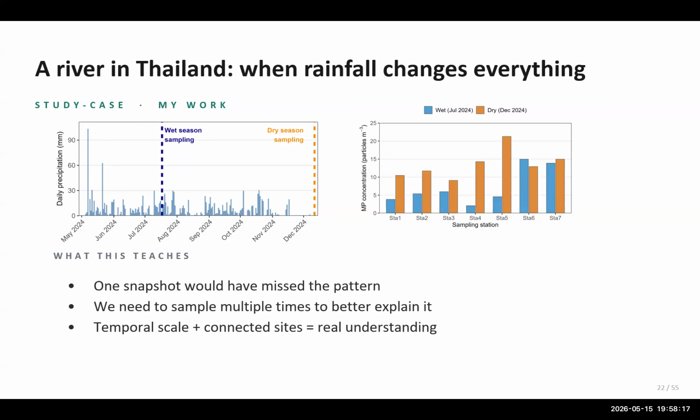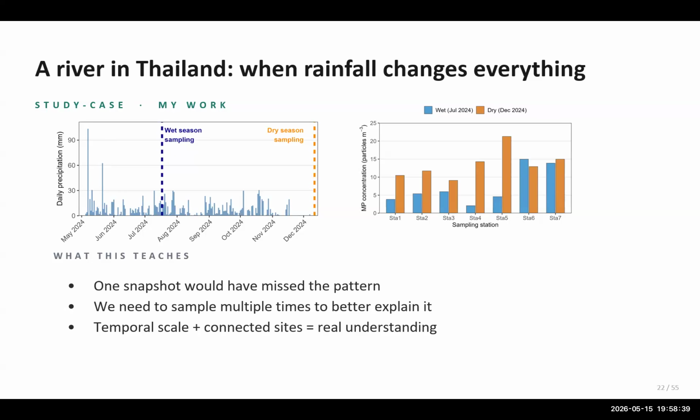And the most heavy rains already happened a few months before the survey. That means that maybe most of the microplastics already washed away from the land to the river. And when I went there in July to measure, the microplastic concentration was lower than expected.